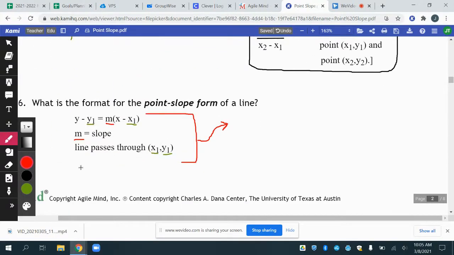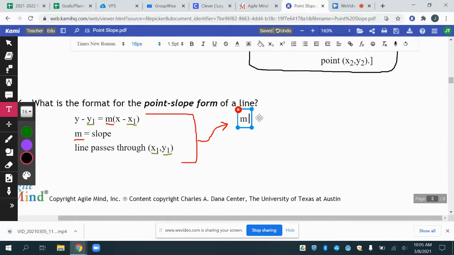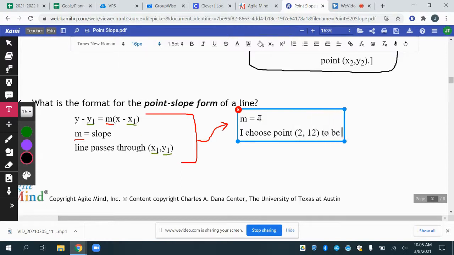So m equals 4, and I choose the point (2, 12) to be part of my equation. Why? Because it was up there: a 2-foot pool needs 12 tiles to go around it. That's what we learned earlier.